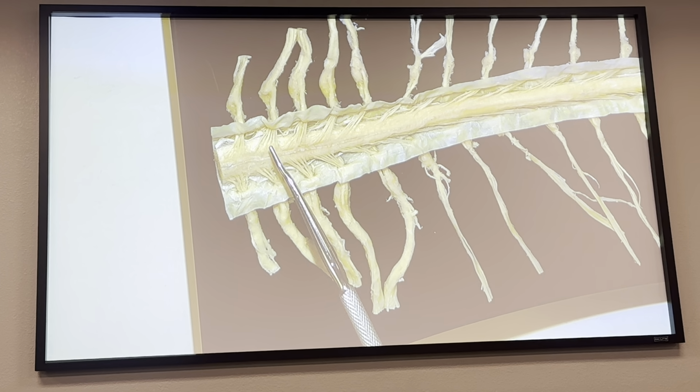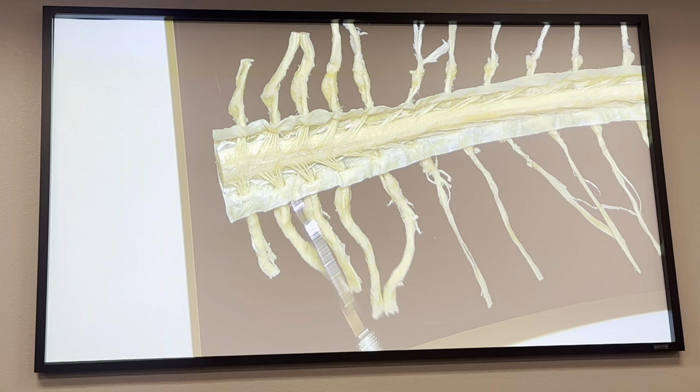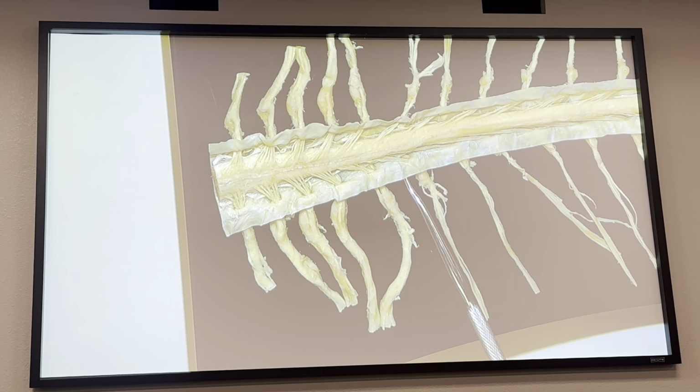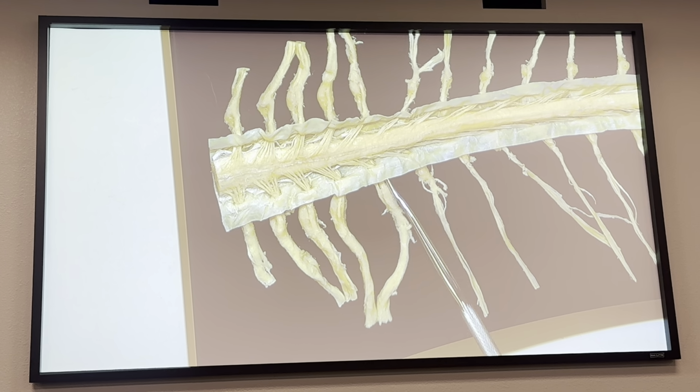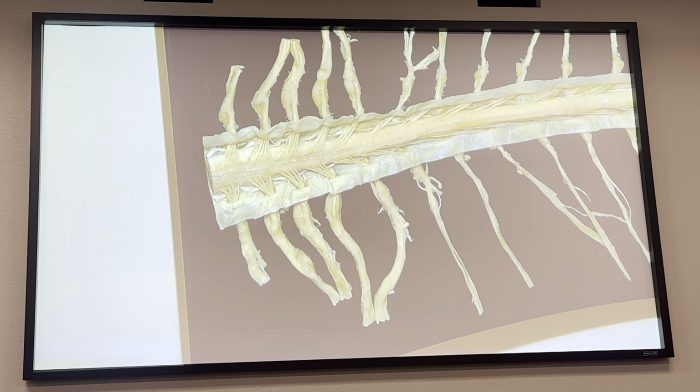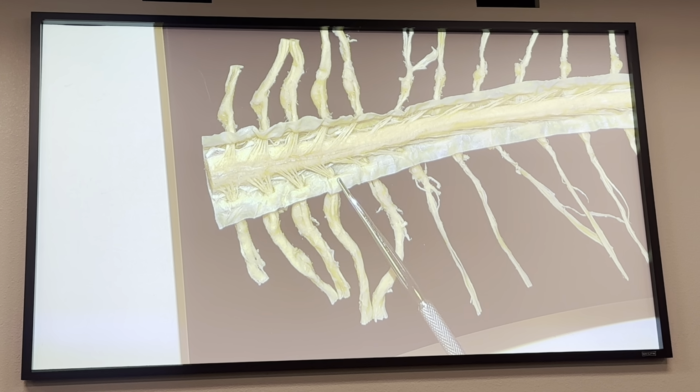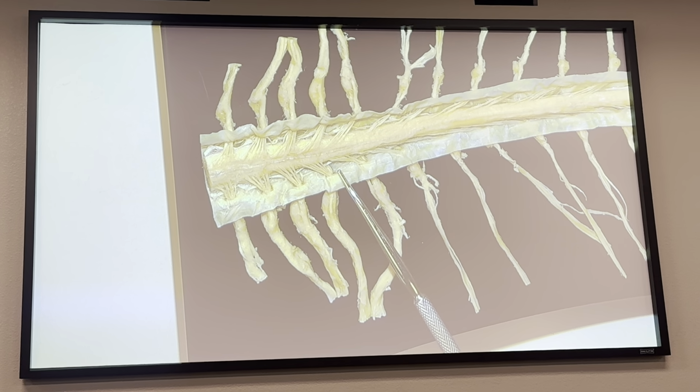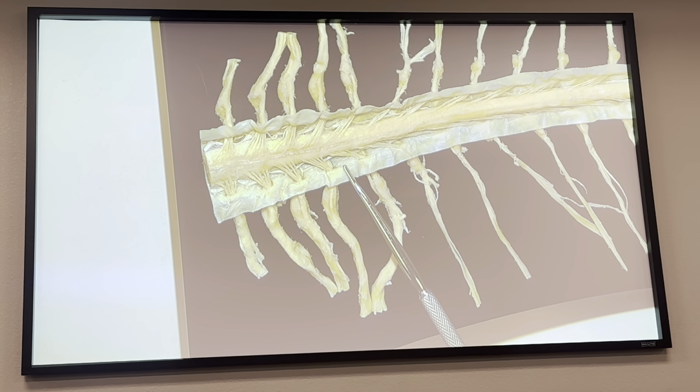If this is subarachnoid space, out here is where epidural space would be. The thickness of this sac is the dura mater. But remember, you do have arachnoid mater lining the inside of the sac.